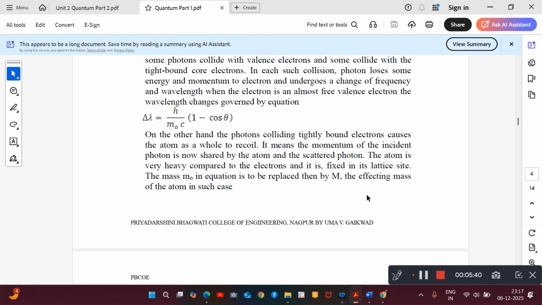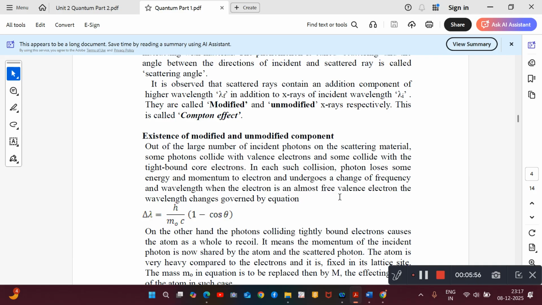From this discussion, we can conclude that these two components, modified and unmodified, come from the free electron as well as the bound electron. So bound electrons are responsible for the existence of the unmodified component, and free electrons are responsible for the modified.